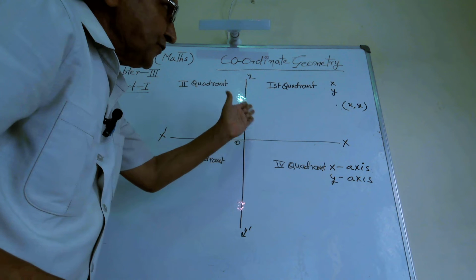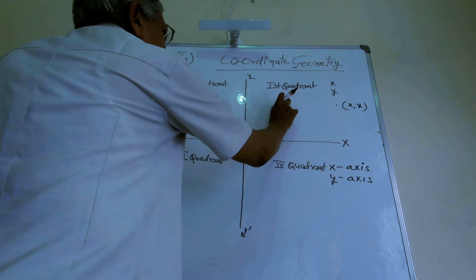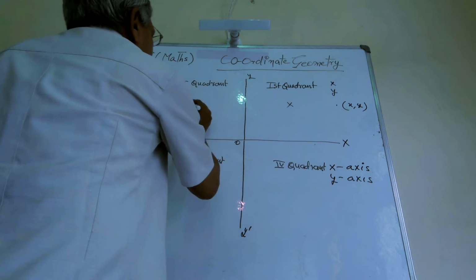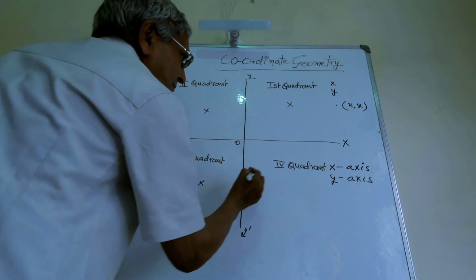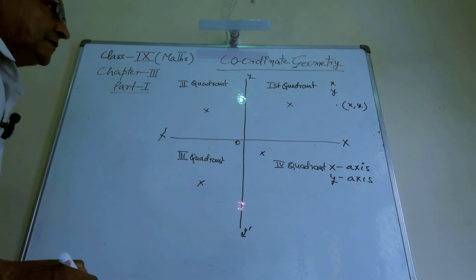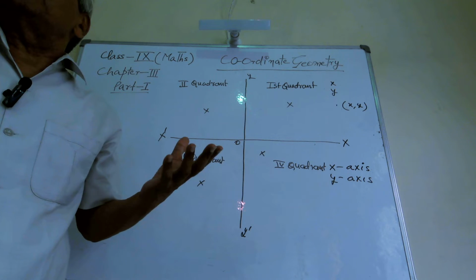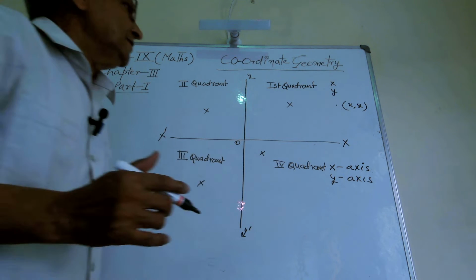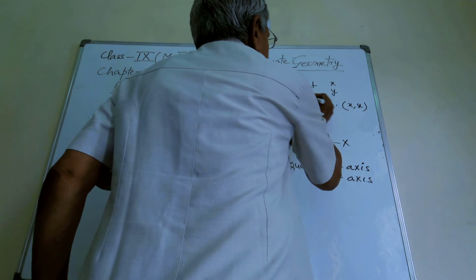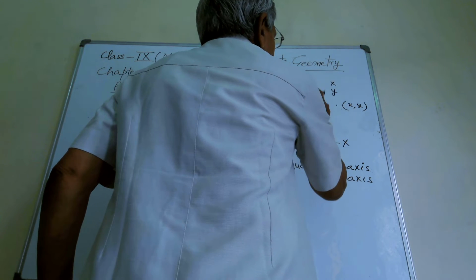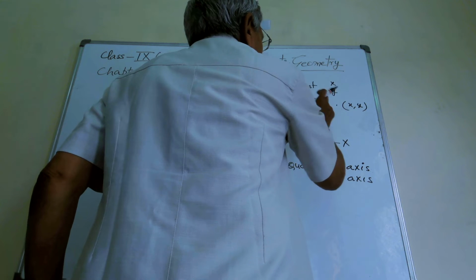And how will you find out the position of a point in any quadrant? A point may be in any quadrant. Then how will you find the position of that point? The first quadrant contains plus, plus: abscissa and ordinate are both positive.